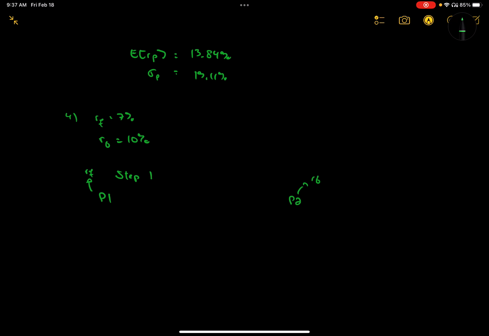Okay, so the first step is to find the weights of the tangency portfolios.